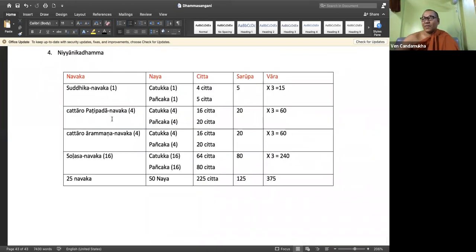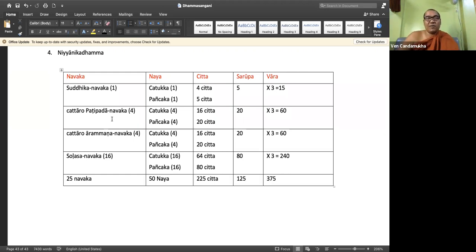After that, I want to take a little bit more time to finish this one. So here is one chart for you regarding the last paragraph of the Bhattavika, the last paragraph of paragraph number 186.